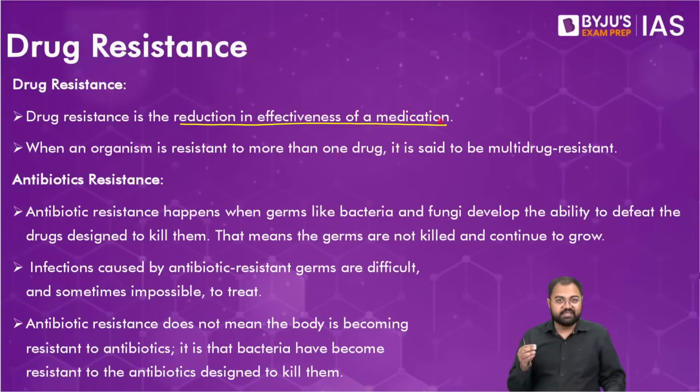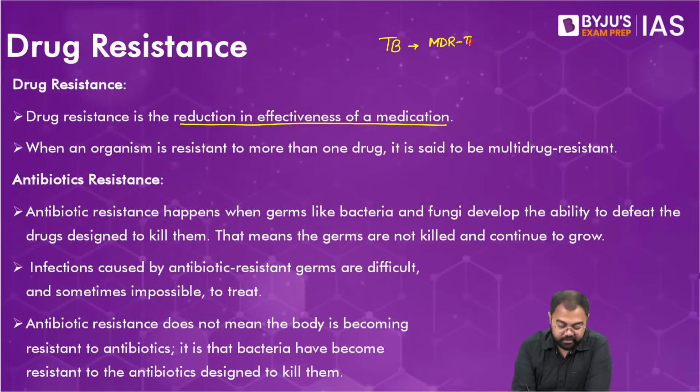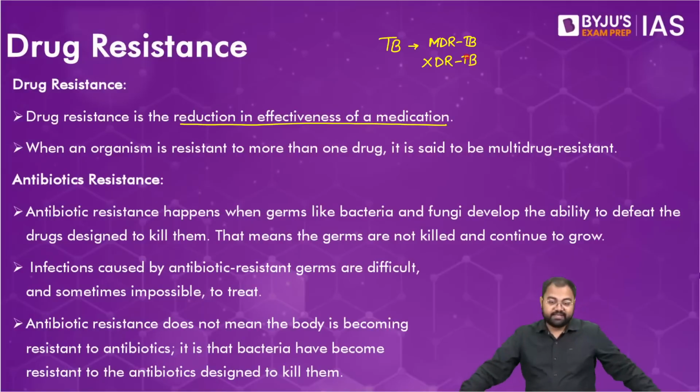And we already see that there are some common diseases where drug resistance has been observed. For example, tuberculosis. In case of tuberculosis, there are two forms that we have observed: MDR-TB and XDR-TB.